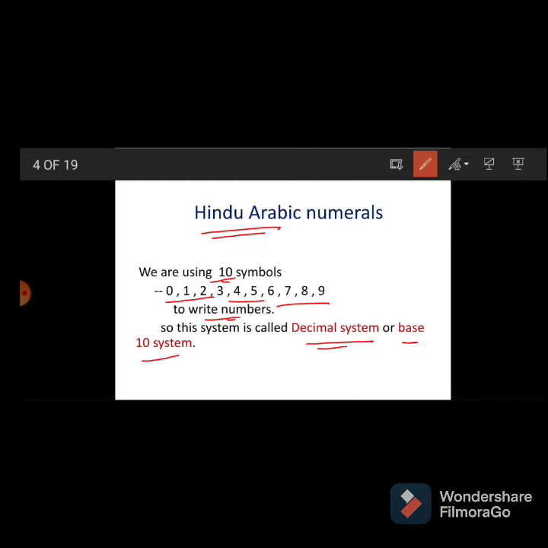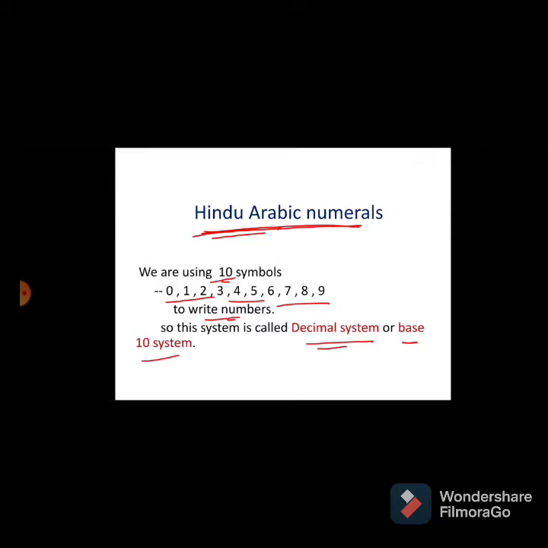And why is it called Hindu-Arabic? Because the Arabs were trading with us. They learned this decimal system and passed it to the rest of the world. Due to this reason, it is called the Hindu-Arabic numerals or Hindu-Arabic system.